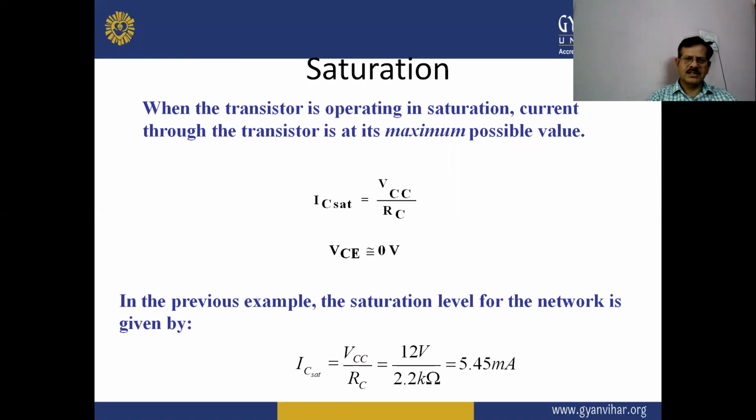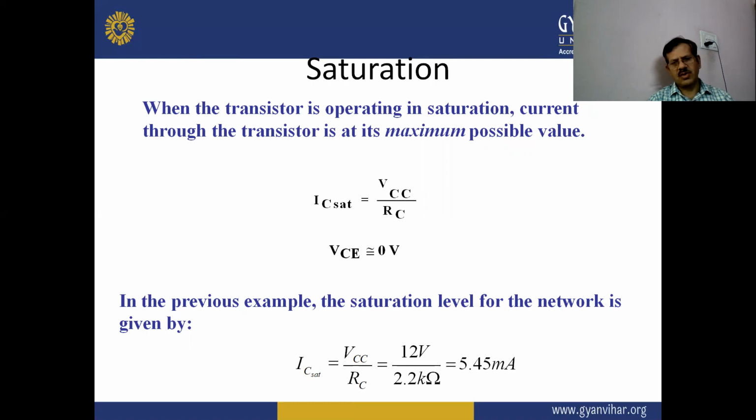In the previous example, the saturation level for the network is given by IC saturate equal to VCC upon RC, and put the value of VCC and RC.